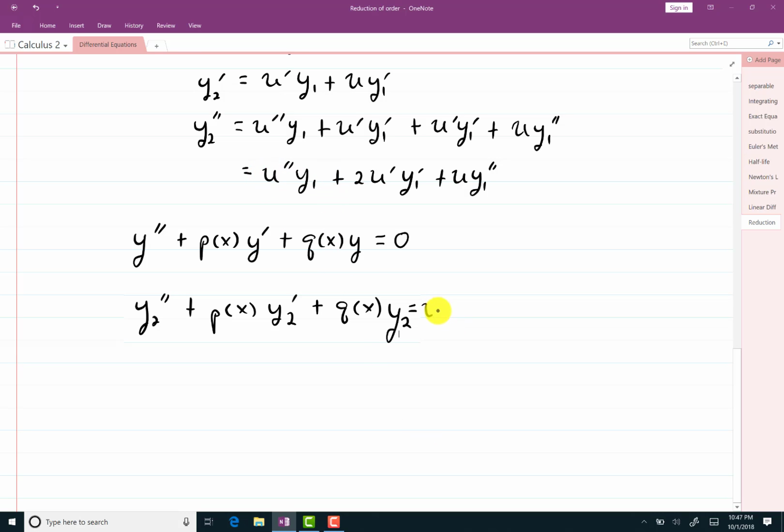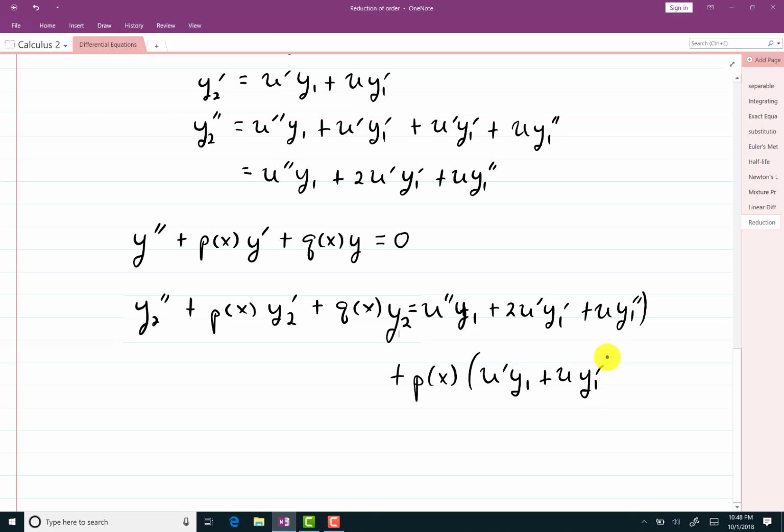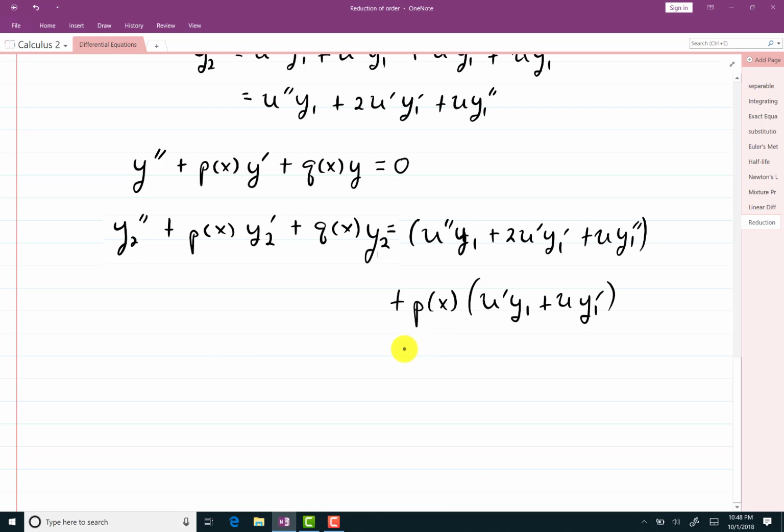I'll get u double prime y1 plus 2u prime y1 prime plus u y1 double prime plus p of x times, and now let's plug in the first derivative. I'll get u prime y1 plus u y1 prime, and then finally plus q of x times u y1.